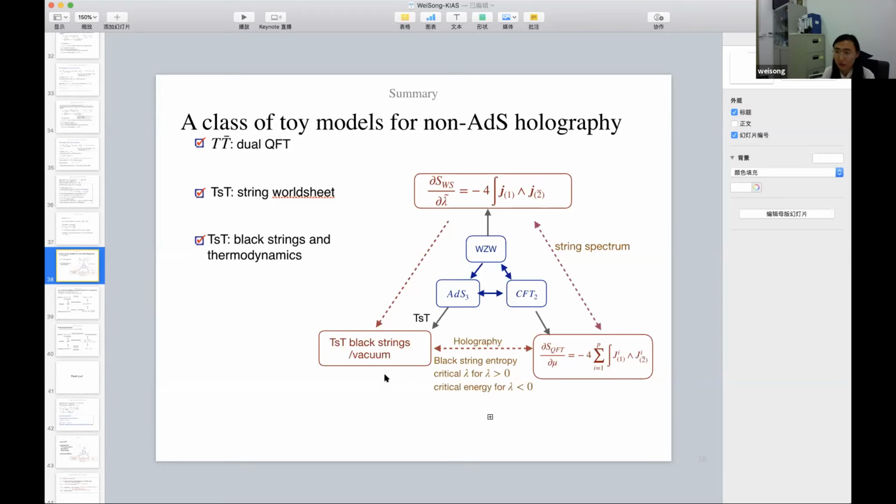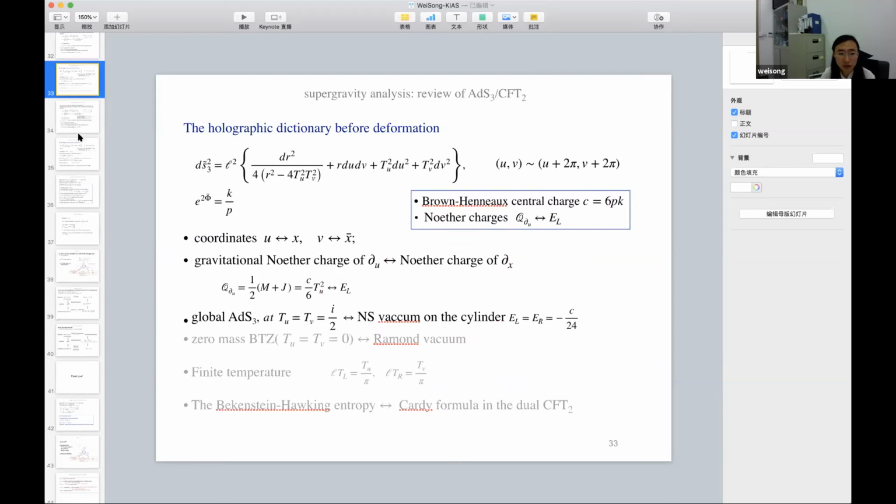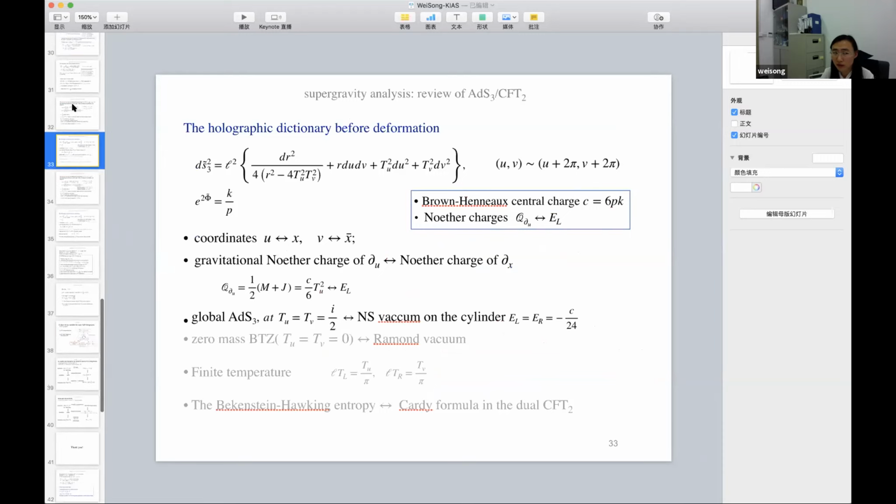So I have one more question. The deformation of the spectrum, is it the same as you have a single trace and a double trace? Do they also have the same deformation of spectrum, or is there some difference?